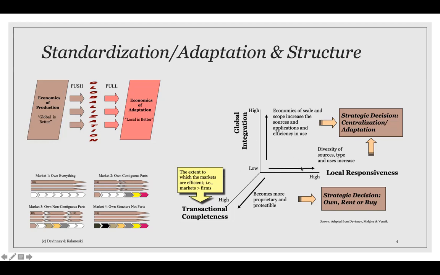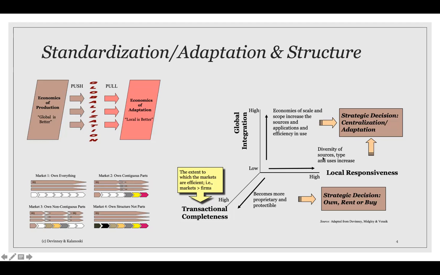You have seen a bit of discussion around global integration and local responsiveness in prior classes. The approach that we use is a bit different, in the sense that the global integration factors are really these economics of production. They're driven by economies of scale and scope and efficiency types of goals.